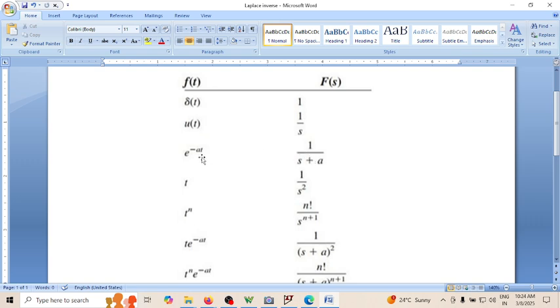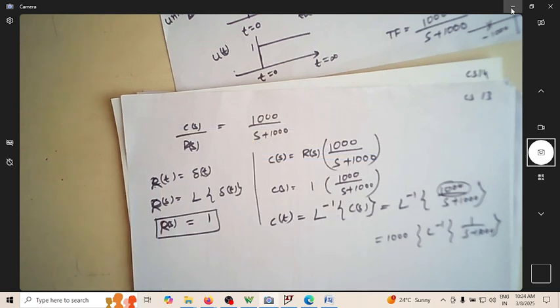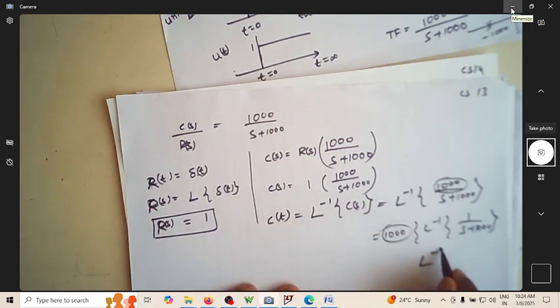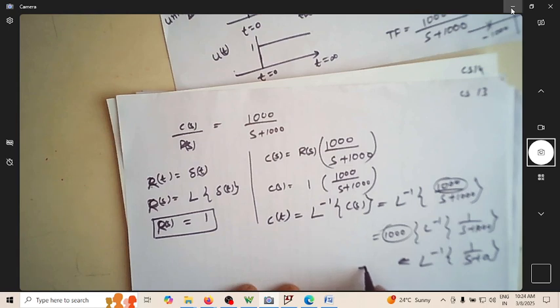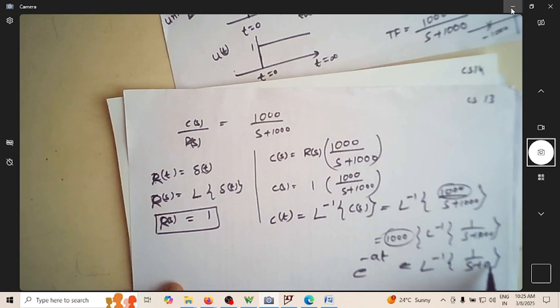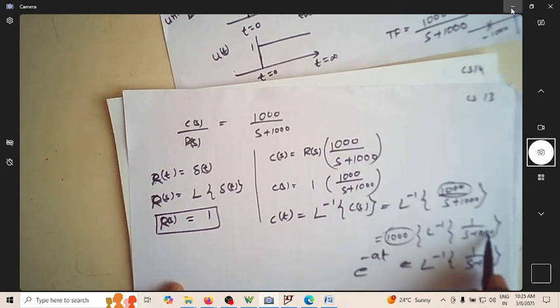What is its Laplace inverse? It is e power minus at. Forget about this. What is Laplace inverse of 1 over s plus a? Is this not e power minus at? In place of a, what do you have? In place of a, you have 1000.